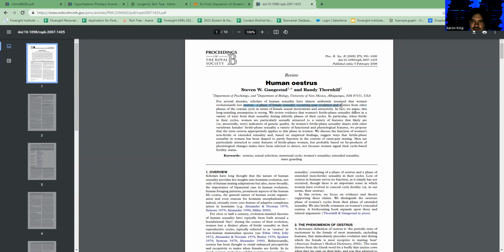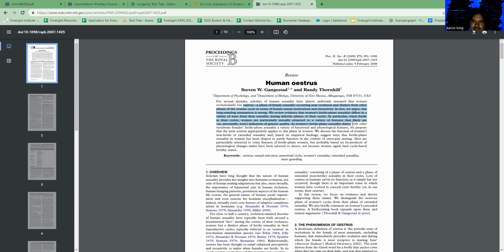Phase of humans occurring near ovulation distinct from other phases of the ovarian cycle. You argue this long-standing assumption is wrong. Review evidence of women's fertile phase sexual differences. In fertile phases, when fertile in the cycles, women are particularly sexually attracted to various features that likely are indicators of genetic quality.